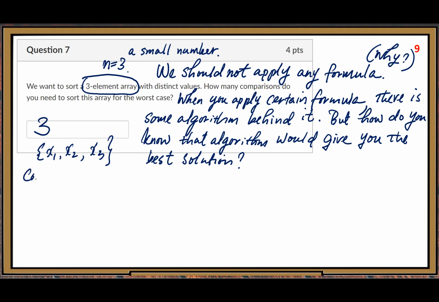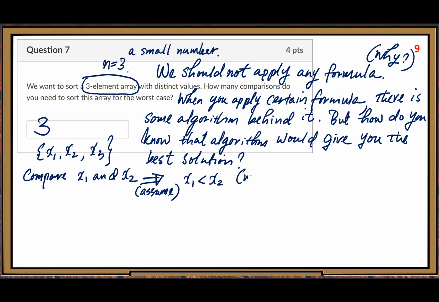All right, so compare x1 and x2. We can assume x1 less than x2. Why can we do that? Because usually in math we say without loss of generality.